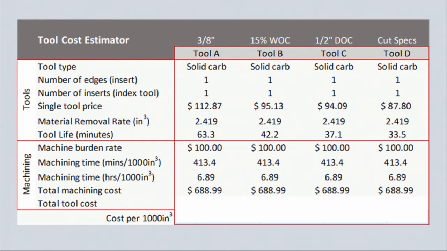Our machining cost is exactly the same, because we've got the same material removal rate. But now our total tool cost is a little bit more in parity, right? So we've actually squeezed out considerable performance by bumping up the suggested cut parameters from the vendor.